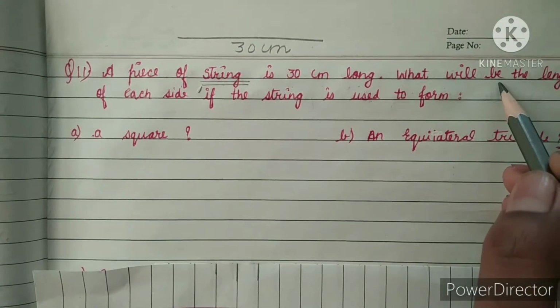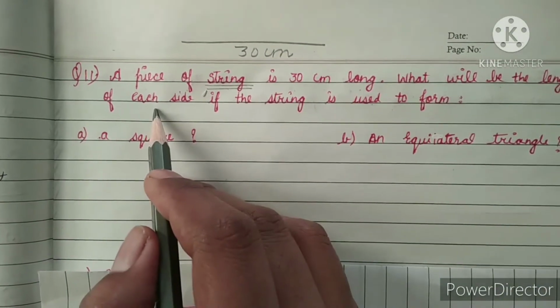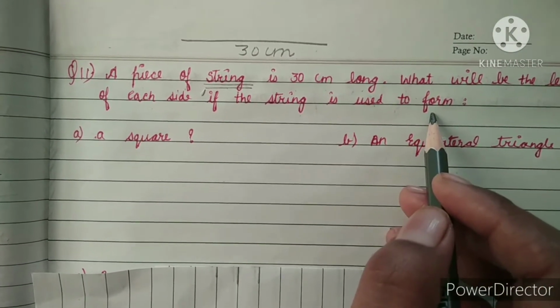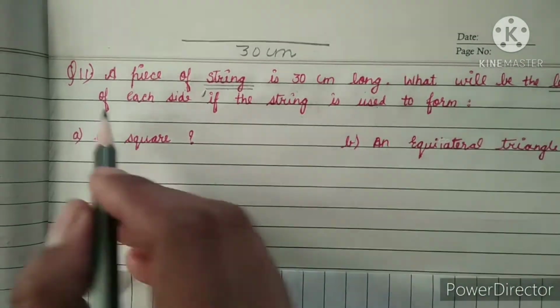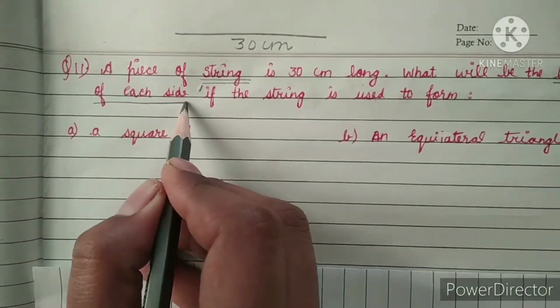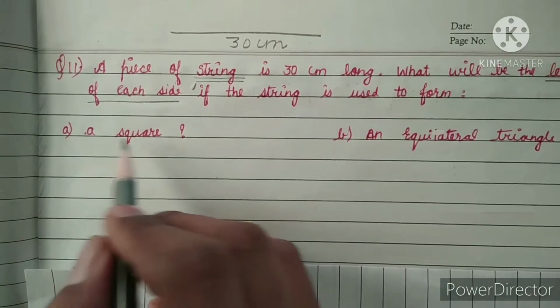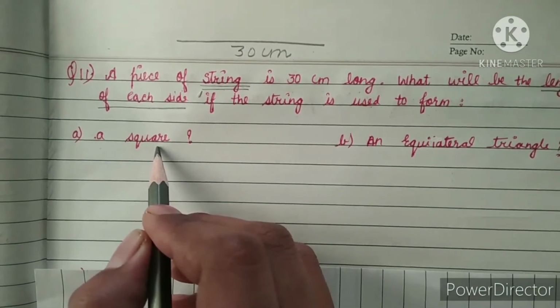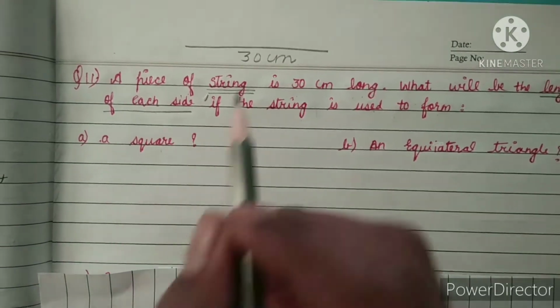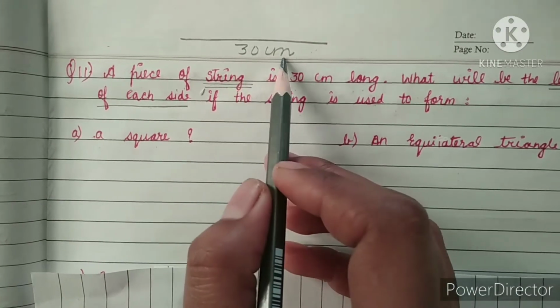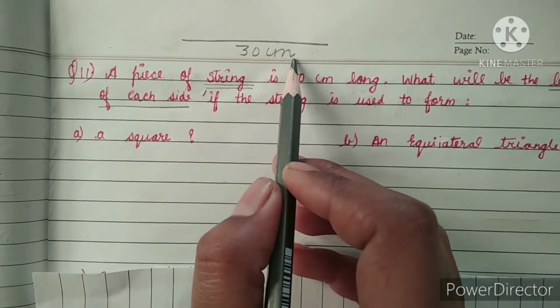What will be the length of each side if the string is used to form? We want to take the length of each side if the string is used to form, first, a square. The question is telling us we have the string whose length is 30 centimeter.